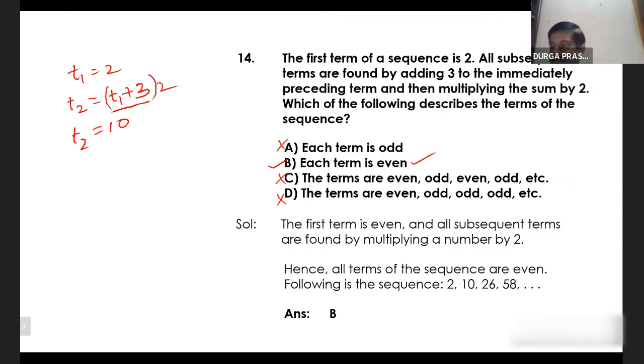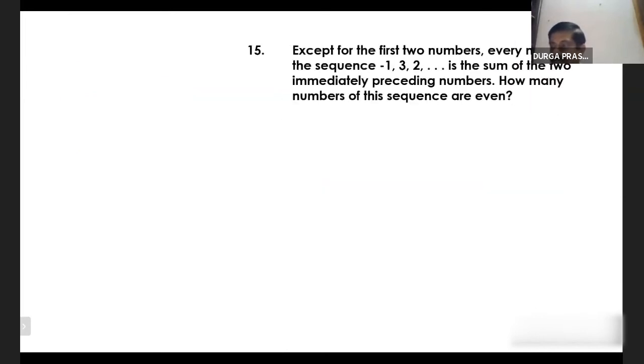Right, I think you have noted this. So let's go to the next question. Look at this. Except for the first two numbers, every number in the sequence -1, 3, 2 is the sum of the two immediately preceding numbers. So how many numbers of this sequence are even? See, T1 is -1, he gave, T2 equal to 3, T3 equal to 2.